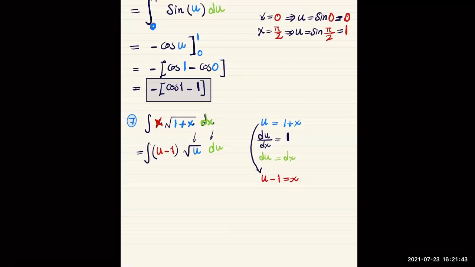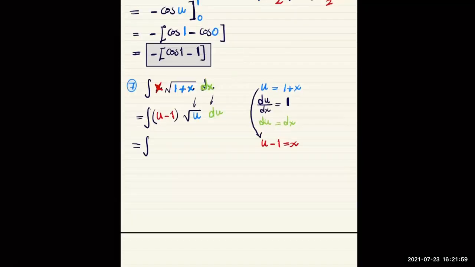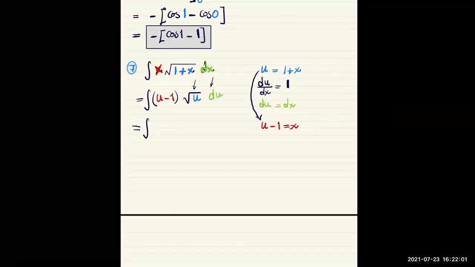So I want to do this antiderivative. What I need to do is write it term by term and use the power rule. Here we have u minus 1, and then that square root of u is the same as u to the half du.